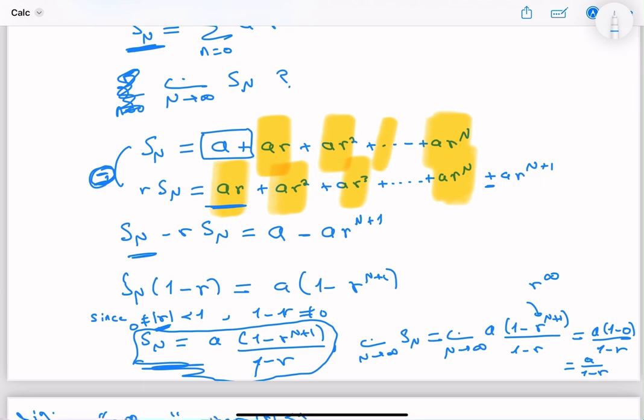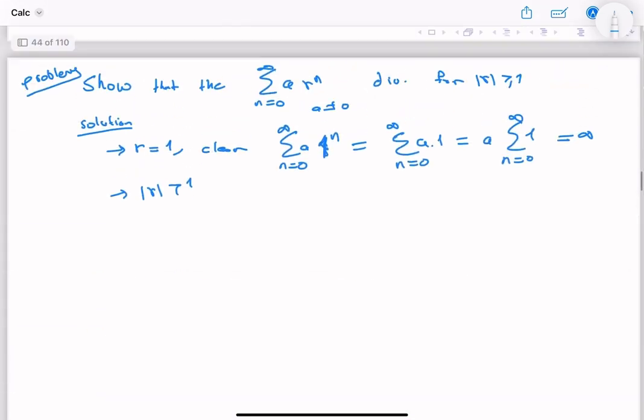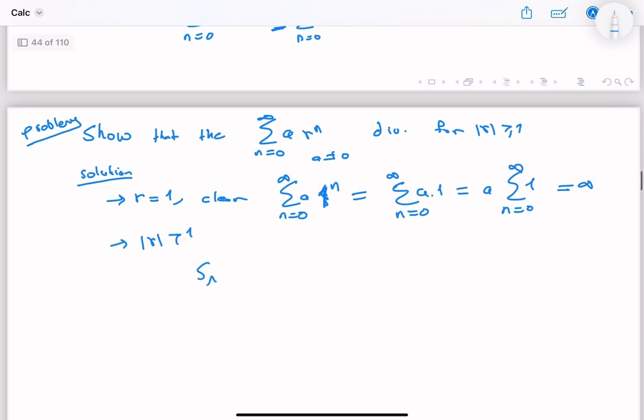So Sn, the nth partial sum of the geometric series, is equal to a times 1 minus r to the n plus 1 over 1 minus r. So let me just copy this here.